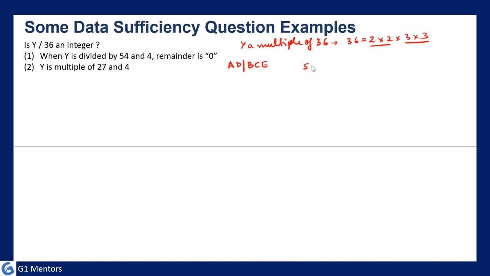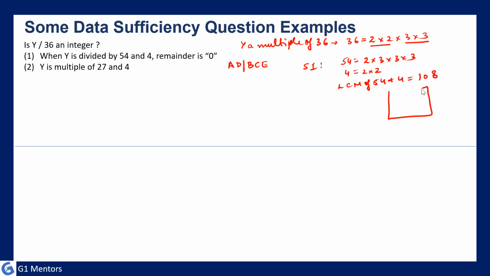Let's take the statement 1 first. If y is divided by 54 and 4, remainder is 0. Hence, y is a multiple of 54 and 4. So 54 is equals to 2 into 3 into 3 into 3. 4 is 2 into 2. So the LCM of 54 and 4 is equals to 108 as calculated in the last slide.